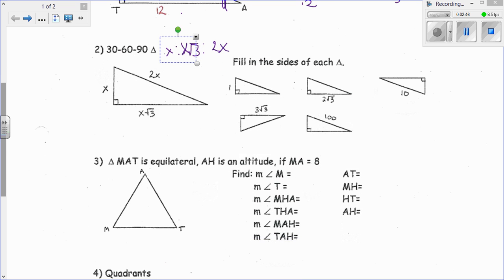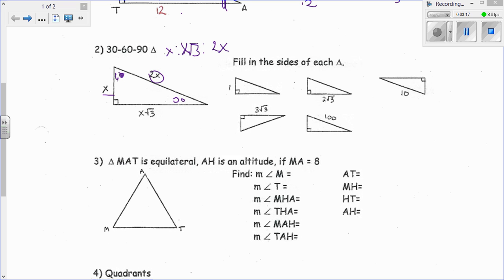In that 30, 60, 90 triangle, this is the 30, this is the 60. And what it's saying is, when you look at the relationship, the hypotenuse is twice that of the side across from the 30, and the side across from the 60 is whatever is across from the 30 times radical 3.